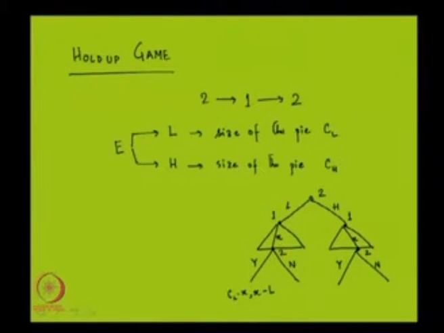So, it is X minus L. If he rejects the offer, player 1 gets 0 whereas player 2 is getting minus L.